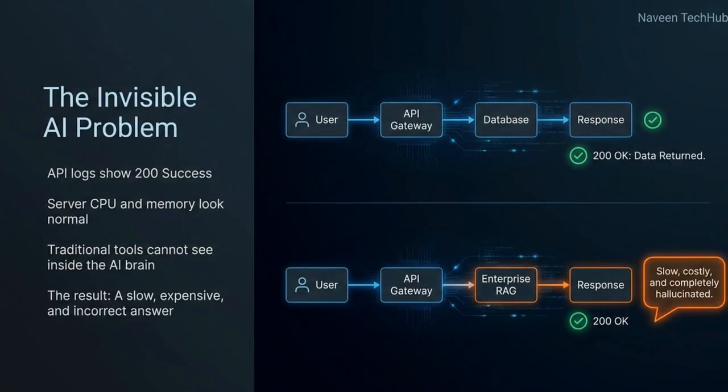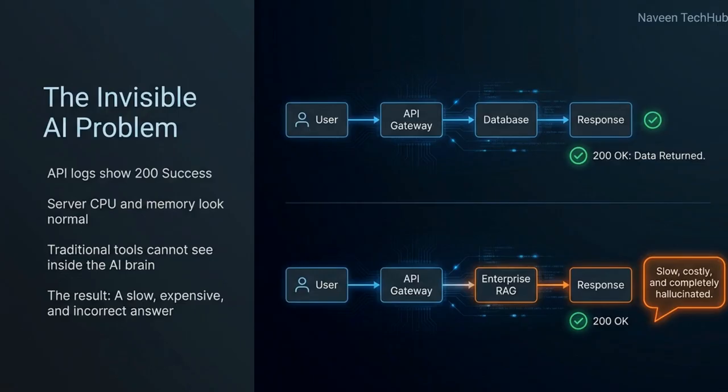Consider a normal application. A user sends a request, it goes through an API gateway, talks to a database, and returns a response. Traditional monitoring may tell us the API returned 200 OK, CPU utilization is normal, memory is normal, and the database successfully returned data. But now imagine an AI application.